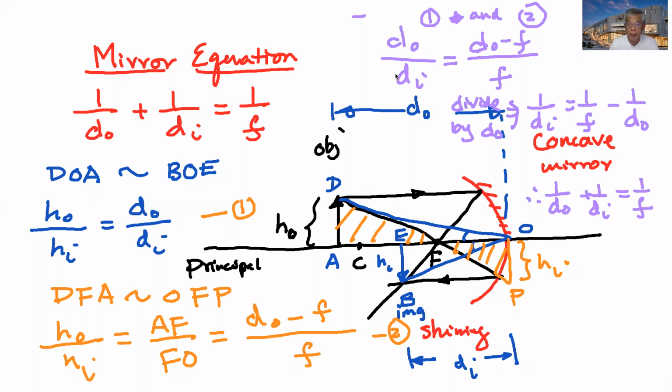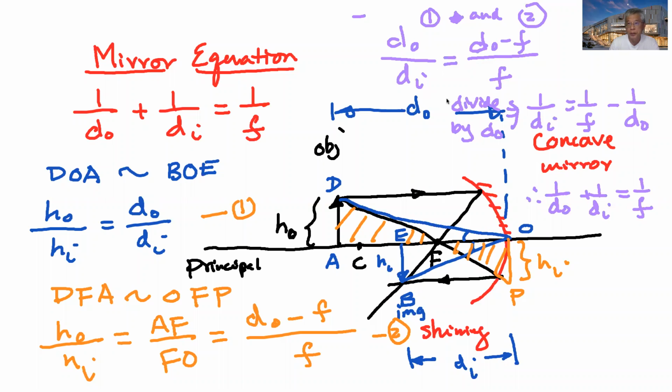Looking at equations 1 and 2, both left sides are HO over HI, so they are the same. So we're going to equate the right-hand side of 1 to the right-hand side of 2. Then you have dO over dI is equal to (dO minus F) divided by F.